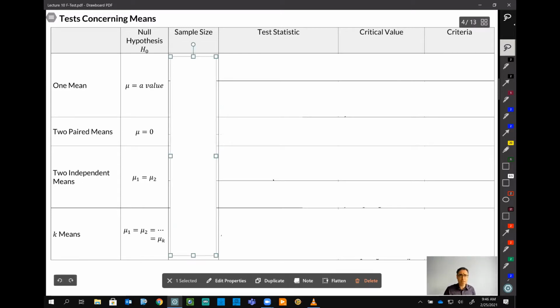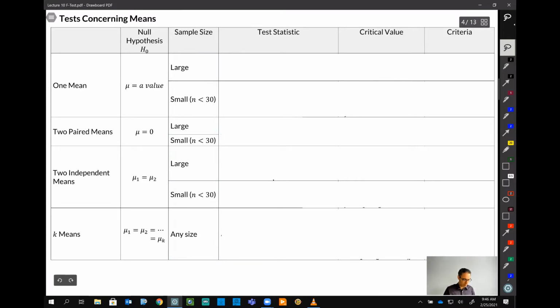And the sample size matters. So we are going to have two categories, large and small. When it comes to small, there are different arguments. Some people say 20, but to be more conservative, any numbers below 30 consider small. But if you read a textbook and they said 20, that's okay.